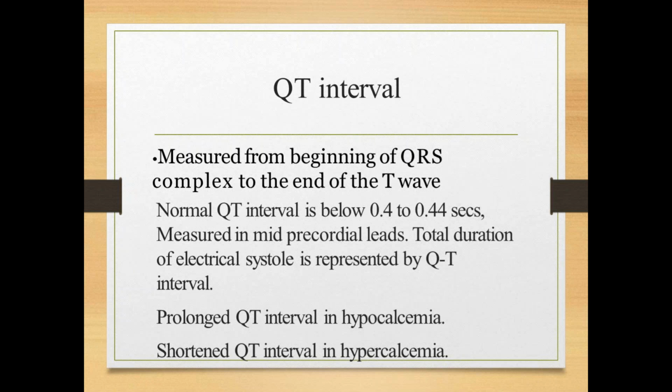It is measured in the mid precordial leads, and the total duration of the electrical systole is represented by the QT interval. Abnormalities in the QT interval: you can see a prolonged QT interval in hypocalcemia and a shortened QT interval in hypercalcemia.